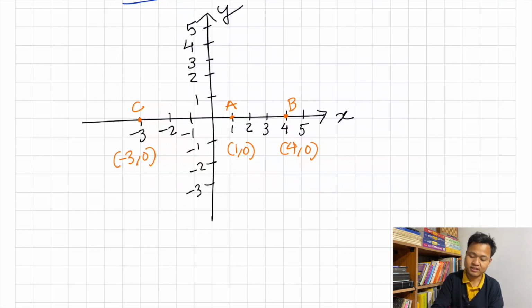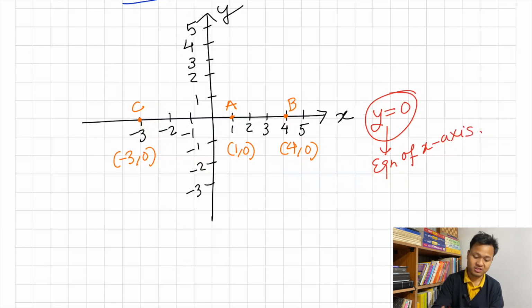That is why the equation of x-axis is y equals 0. Similarly, if I take some random points on the y-axis, say P, point P is 0, 3. Point Q below the x-axis is 0, minus 3.